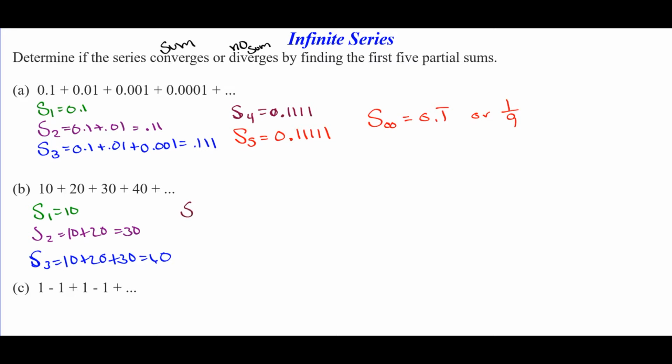My fourth partial sum is the 10 plus 20 plus 30 plus 40, which is going to give us 100. My fifth partial sum, so now I'm going to add 50. So I'm going to have the 100 plus the 50 is 150. So my numbers here just keep getting really, really large. So we would say that this one diverges, which means that the infinite sum does not exist.